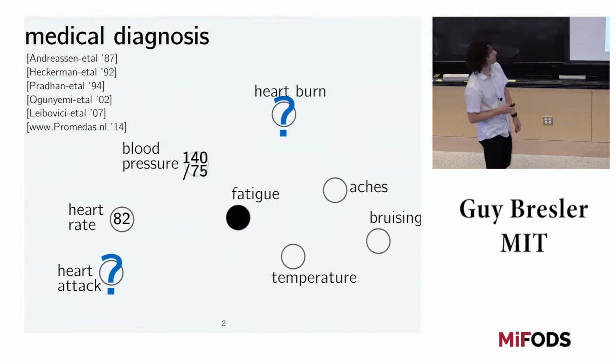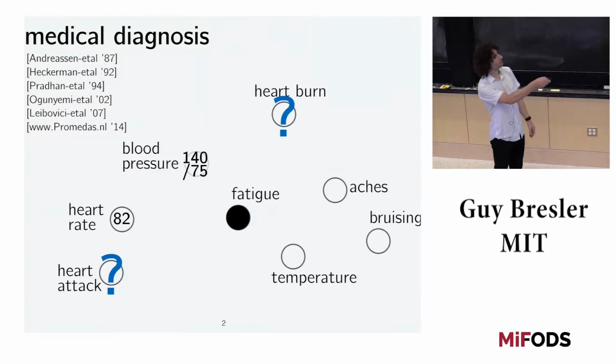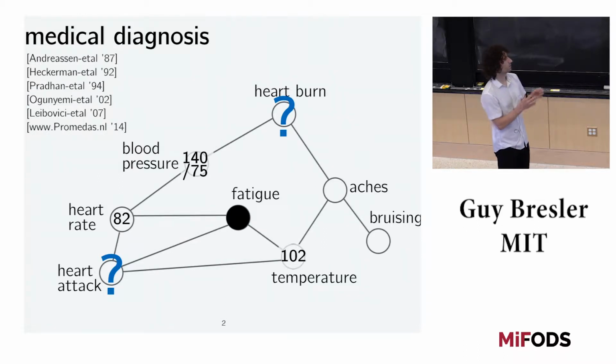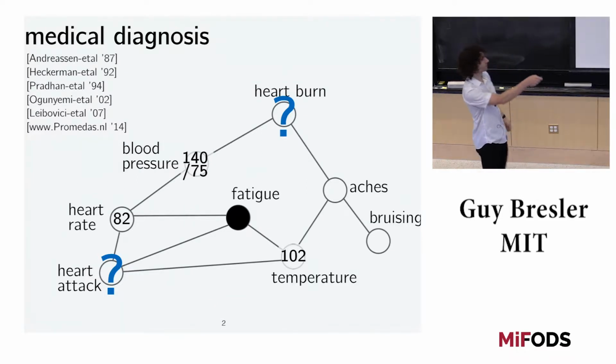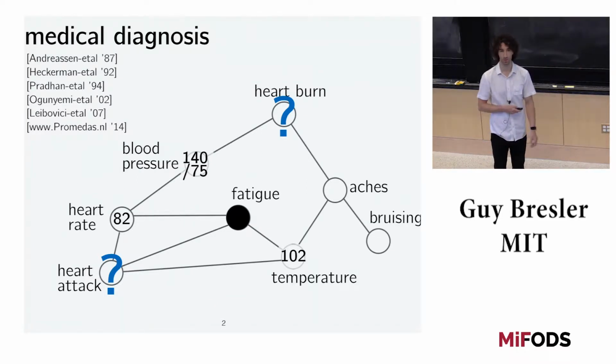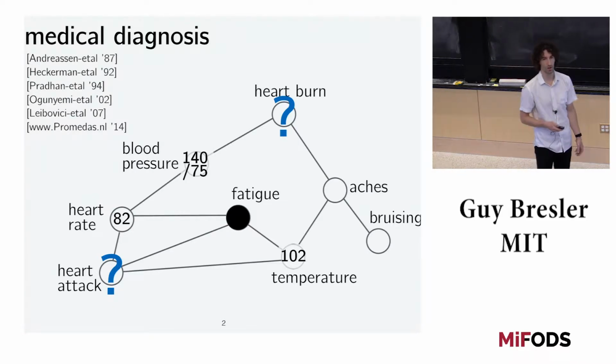And the goal is to figure out what is the likelihood of each of these given the data that you've seen. Now a graphical model will tell you how these variables are related in a compact way that is then useful for computing these quantities of interest. What's the likelihood that it's heartburn? What's the likelihood that it's a heart attack?